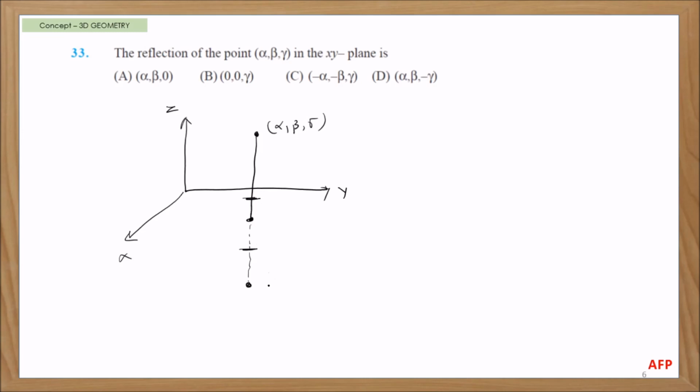So the x ordinate and y ordinate will not change, and where the z ordinate is on the positive axis, here it will be on the negative z axis, so negative gamma you will get. So D is the option you are getting.